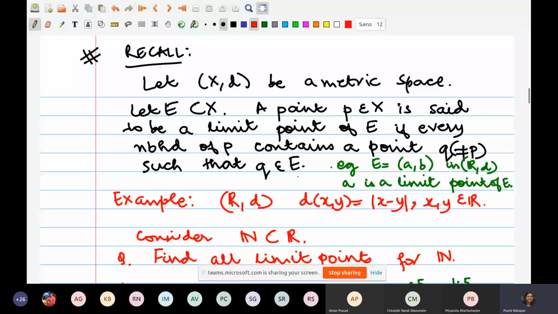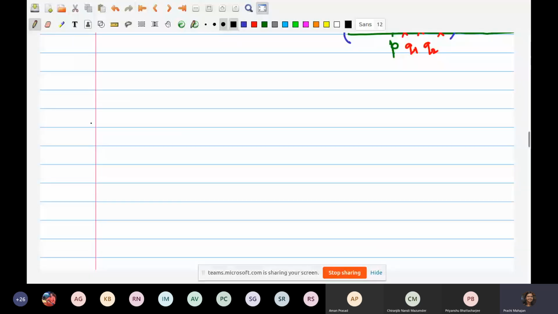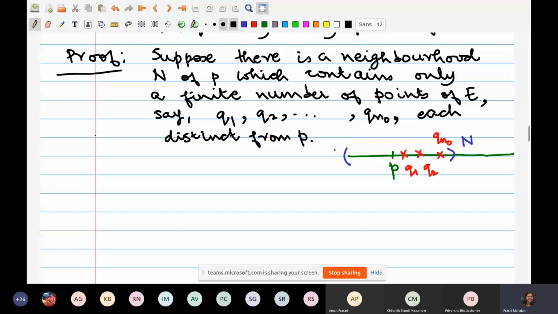Is that okay? So the course of action is clear to everybody. Now, how am I going to do it? I have to find a neighborhood of P which does not contain any point of E, possibly besides P itself. What am I given?